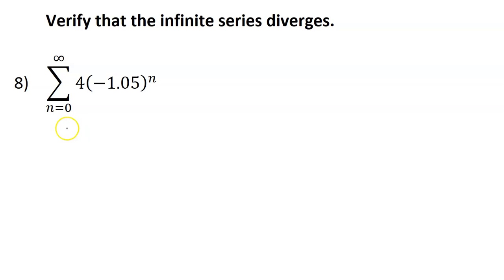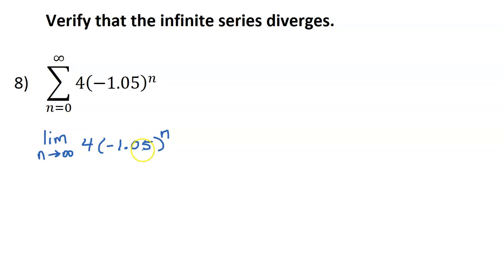one of these problems. For the Nth Term Test, we start by considering the limit of the rule as n approaches infinity. Since 1.05 is bigger than 1, the absolute value of this number will keep getting bigger and bigger as n gets bigger and bigger.